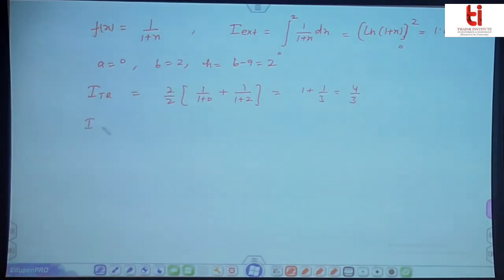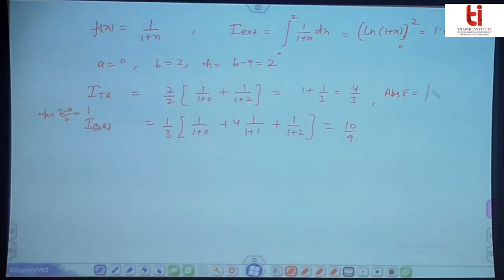And Simpson 1/3 rule: h is (2 minus 0) upon 2, that is 1. It is 1 upon 3 times [1 upon 1 plus 0, plus 4 times 1 upon 1 plus 1, plus 1 upon 1 plus 2]. This integration value is coming out to be 10 upon 9.